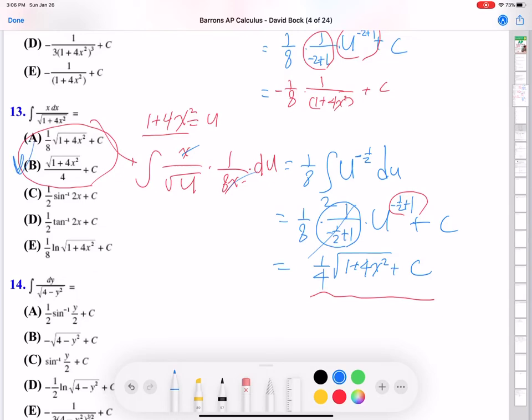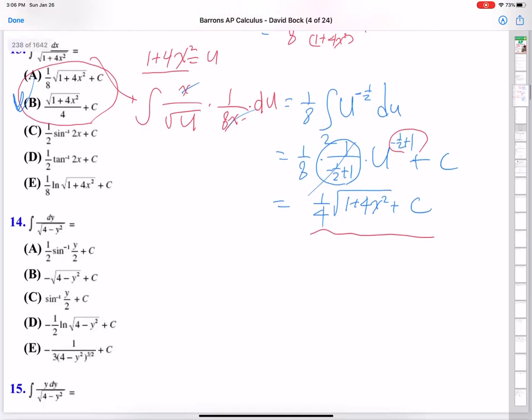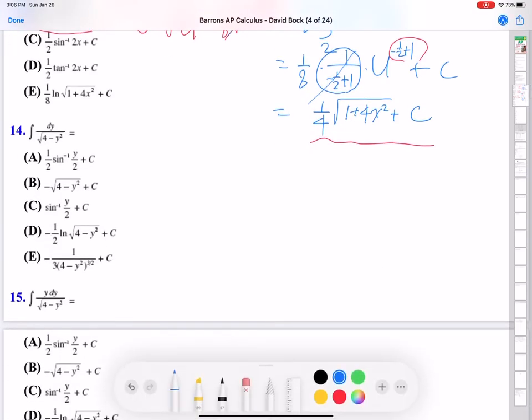Got it. Number 14. Integral 1 over square root of 4 minus y squared dy. Do you remember that? Sine inverse? The derivative of sine inverse x was 1 over square root of 1 minus x squared.